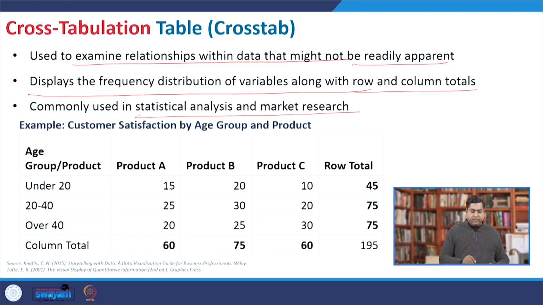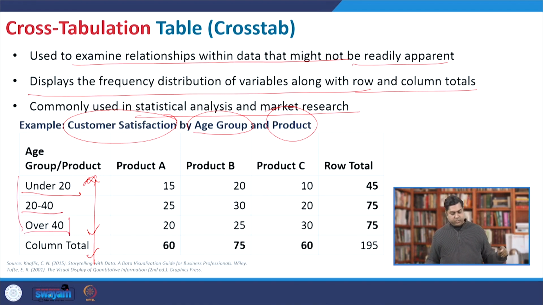This is again a hypothetical example, where it is trying to identify the frequency of customer satisfaction by age group and product. For that, in this particular case we have three different age groups: under 20 years, 20 to 40 years, and over 40 years for the customer base.